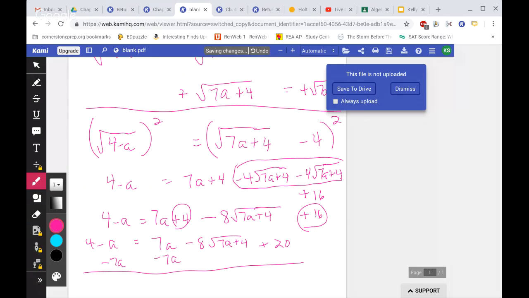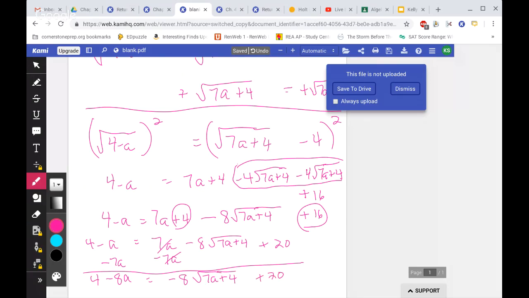So that's going to give me 4 minus 8a equals -8 root 7a plus 4 plus 20.